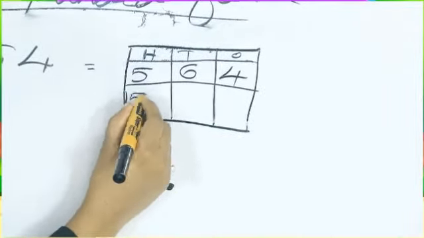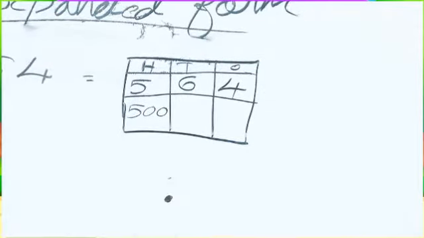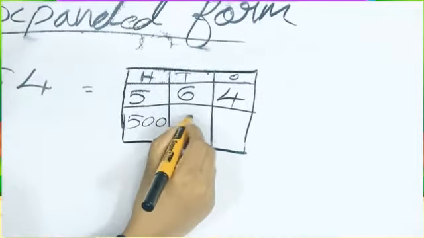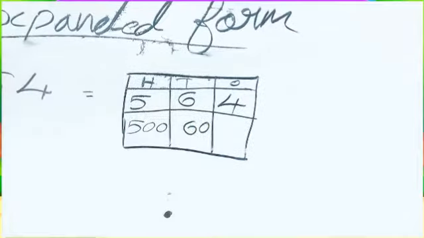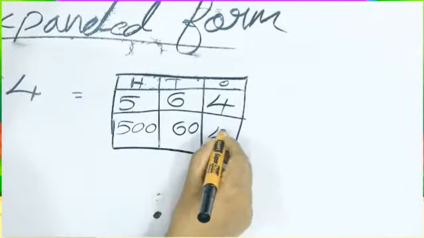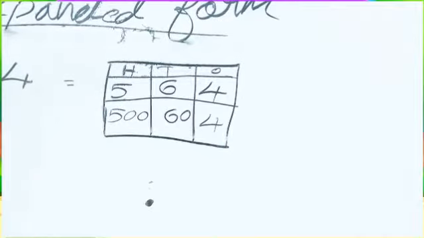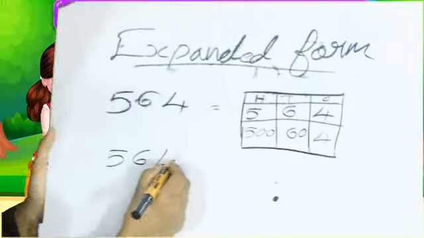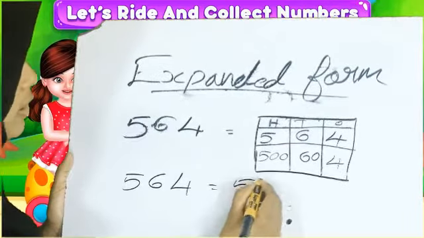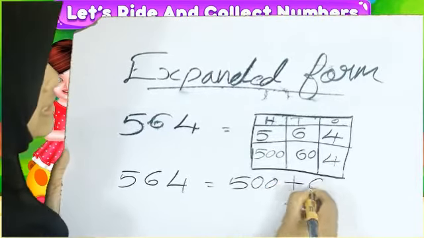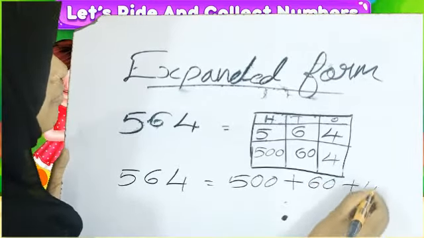5 hundreds means 500. 6 tens means 60. 4 ones means 4. Then we write 564 is equal to 500 plus 60 plus 4.